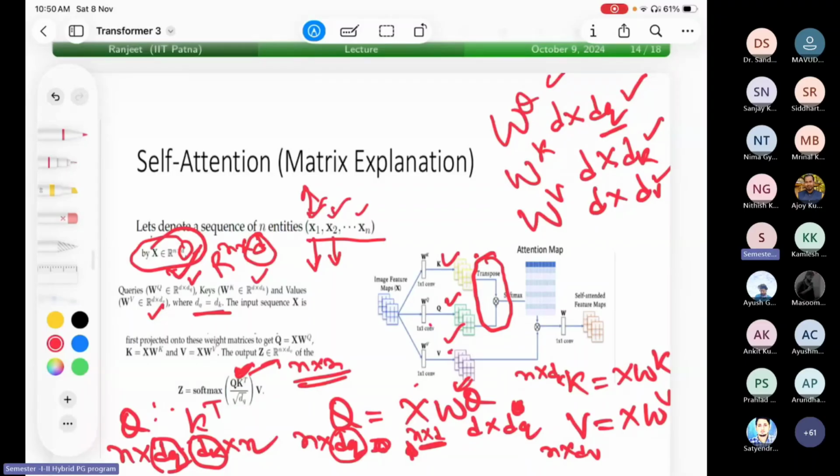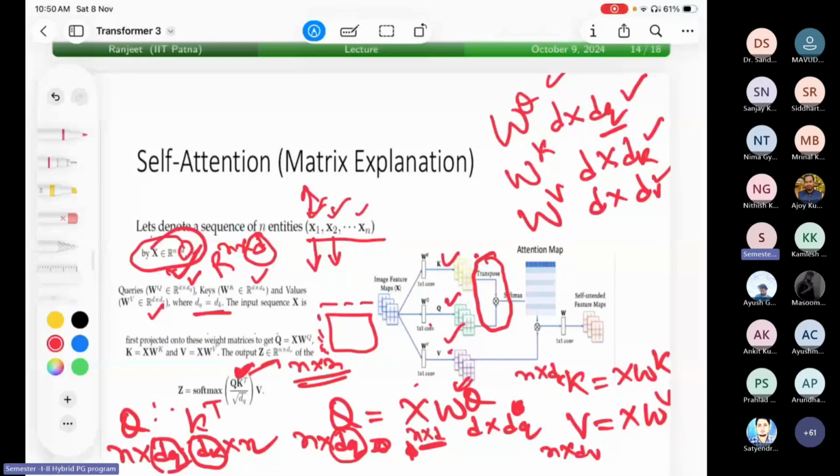It is similar to the correlation case: the correlation of one vector with all other vectors. You have n words and you find the correlation with all other words, so it is n into n dimensional. In the earlier case we had four words, so we got a 4 into 4 matrix. Here you get an n into n matrix.